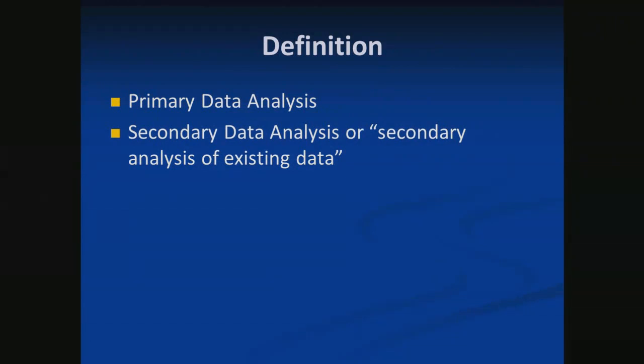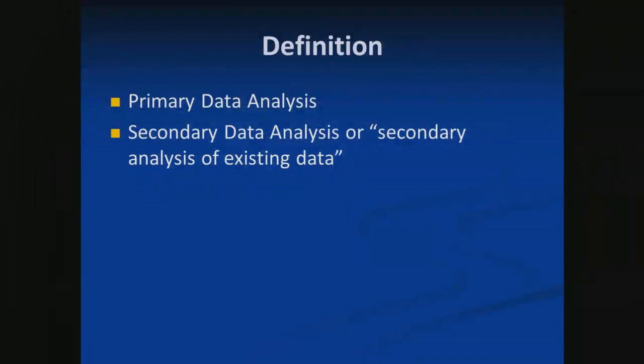Okay, so you set out to find out about dental implant failure. You are the primary research team, the PI, and you go out and collect the data from patients or records. That would be primary data collection. Secondary data analysis and collection would be that you are analyzing data that was collected by another research team and/or for another purpose.